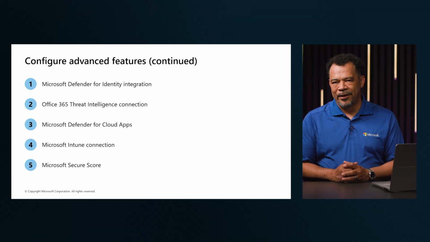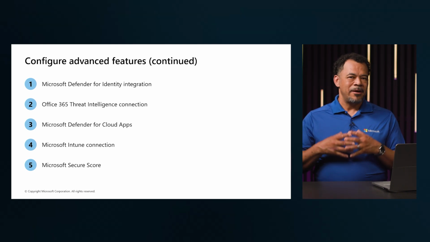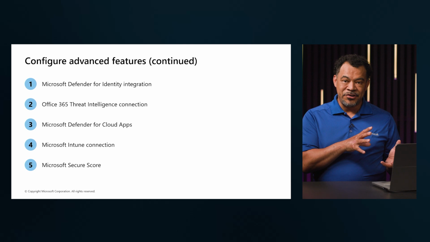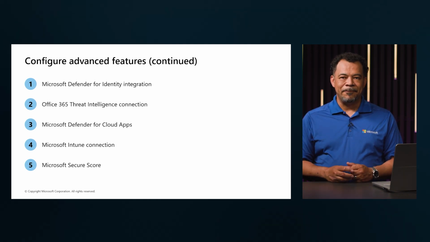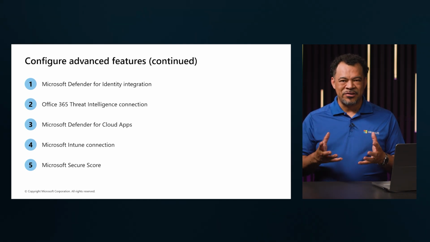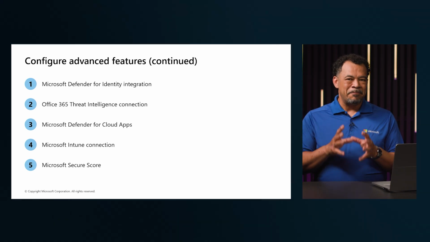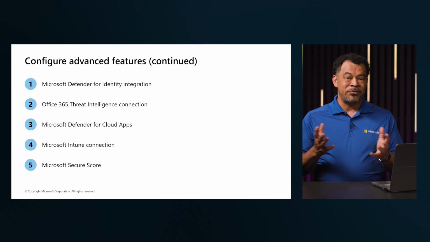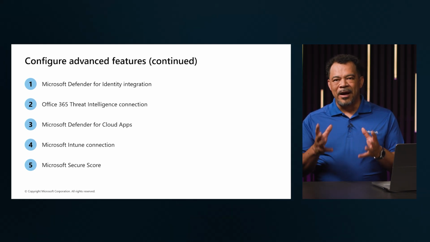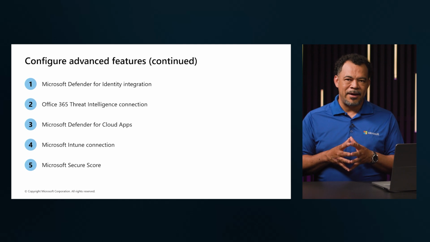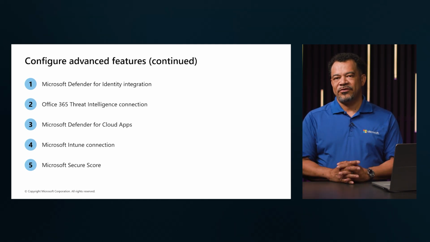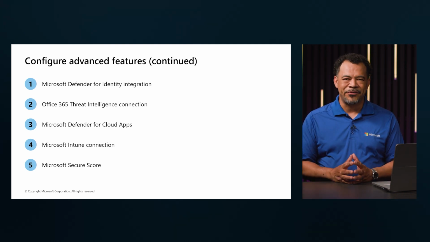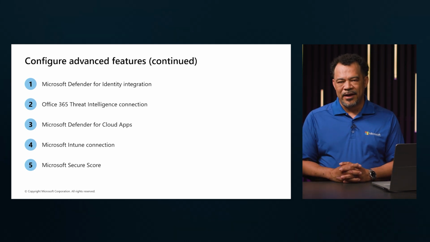And then there's Defender for Cloud Apps. This integration forwards endpoint signals to help us monitor activity in both sanctioned cloud apps and shadow IT, so we can detect things like risky behavior in the cloud that might otherwise go unnoticed. We also connect with Microsoft Intune, which enables policy enforcement and device compliance based on Defender's threat insights. This is key for blocking or remediating threats for your non-compliant devices.